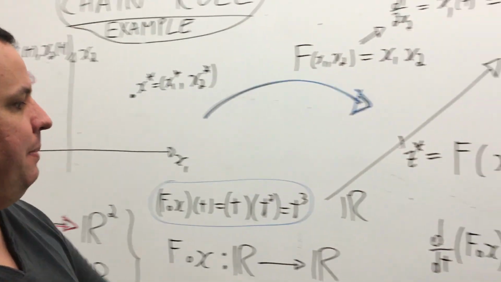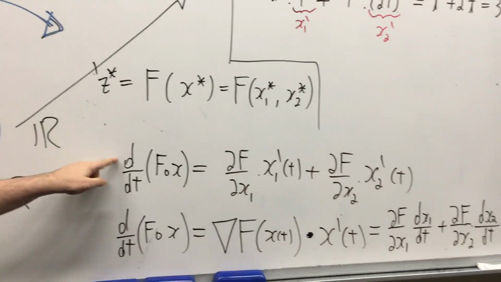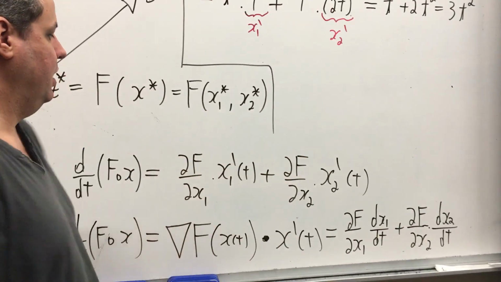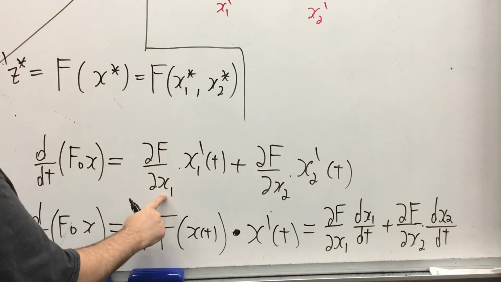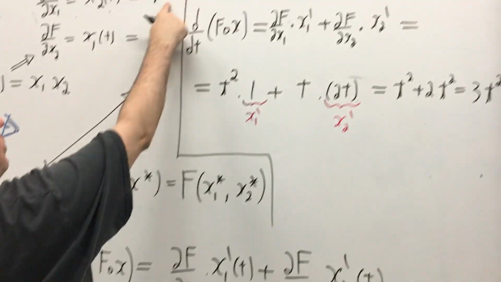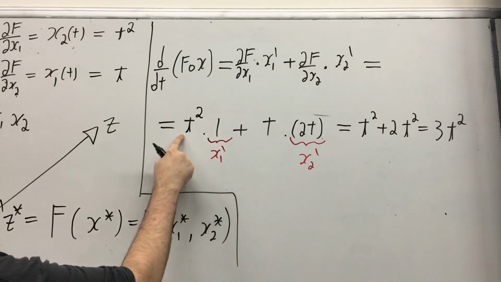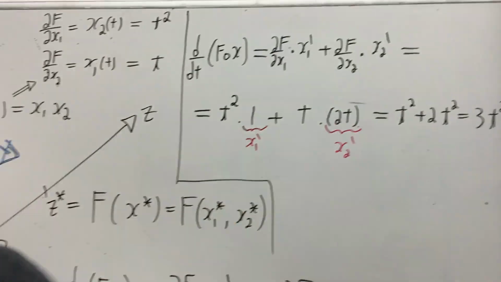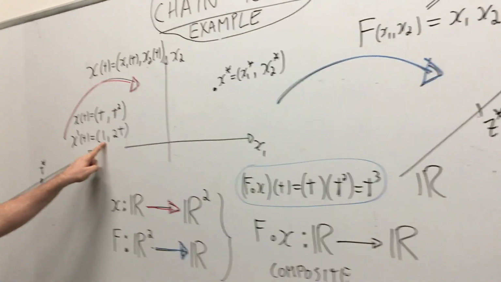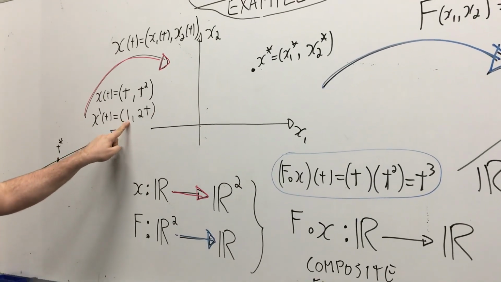So now I will apply my chain rule, my formula. It's going to be the partial derivative of capital F with respect to x1, which is x2, so t squared, multiplied by x1 prime, the derivative of x1 with respect to t, which is 1.